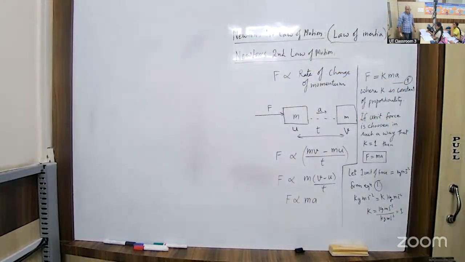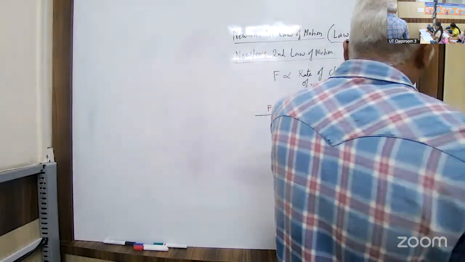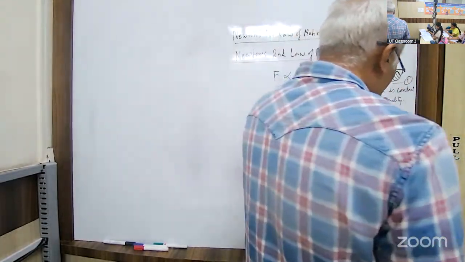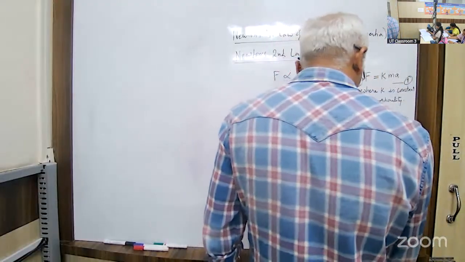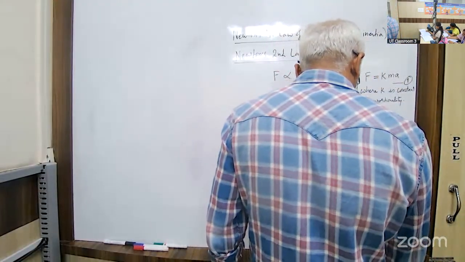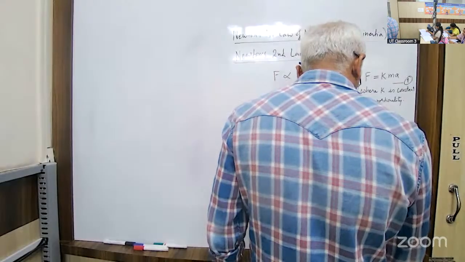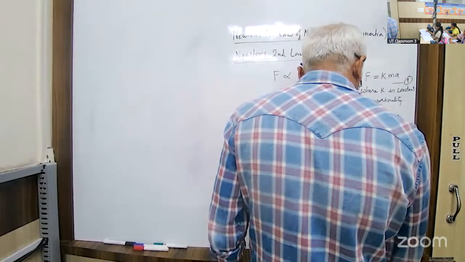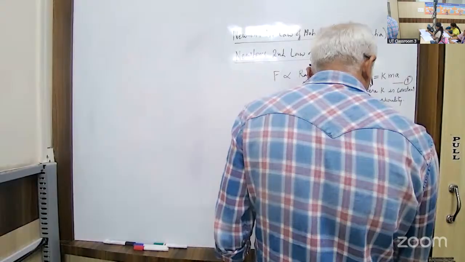Okay, so if I choose the unit of force as this only, then k will become 1. So this is the unit of force, 1 unit, and this is for Newton. So 1 kg meter per second square is equal to 1 Newton.